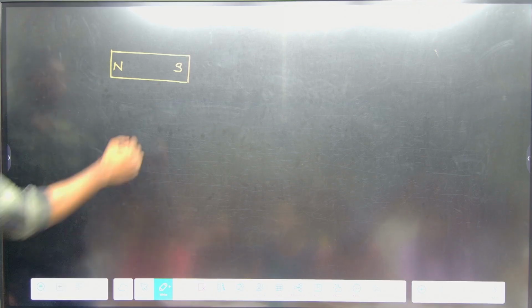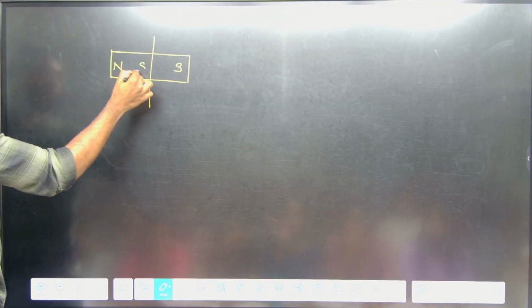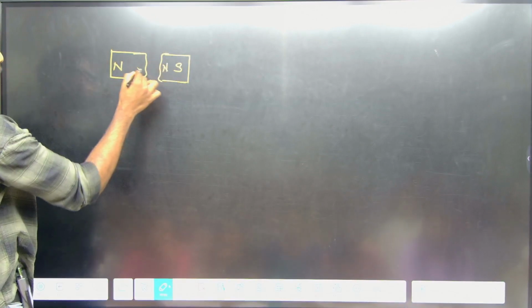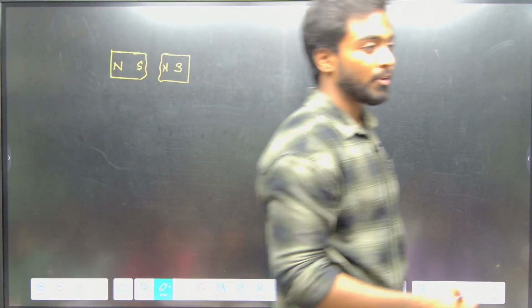So what happens if I cut this magnet into two pieces? Again a north pole and a south pole will be created. So if I cut this magnet into n pieces, there will be two poles only.